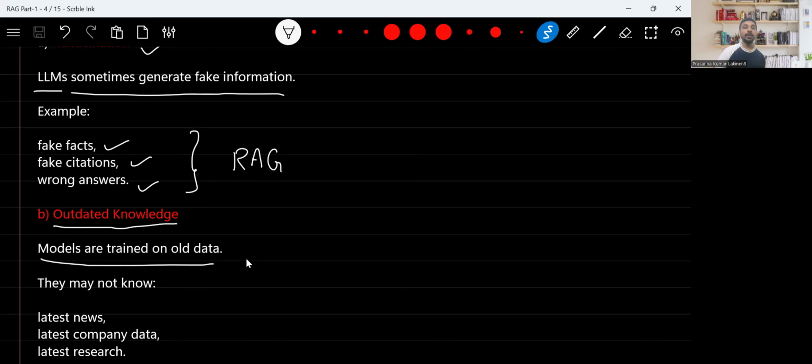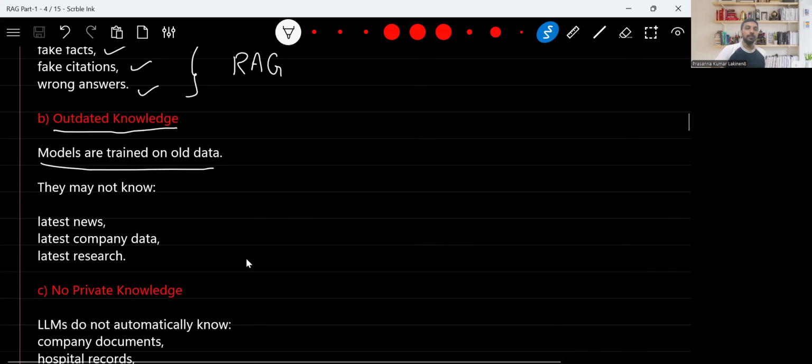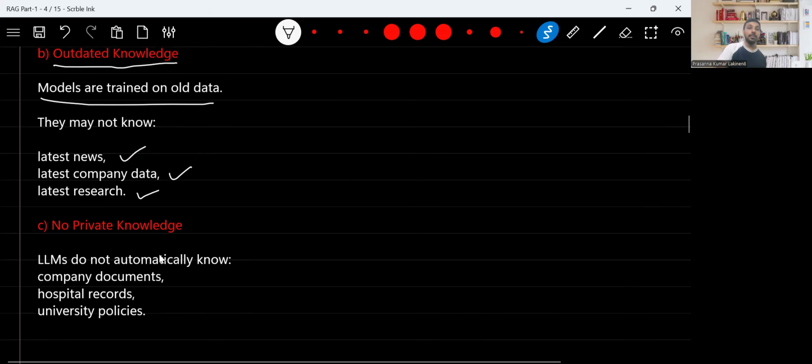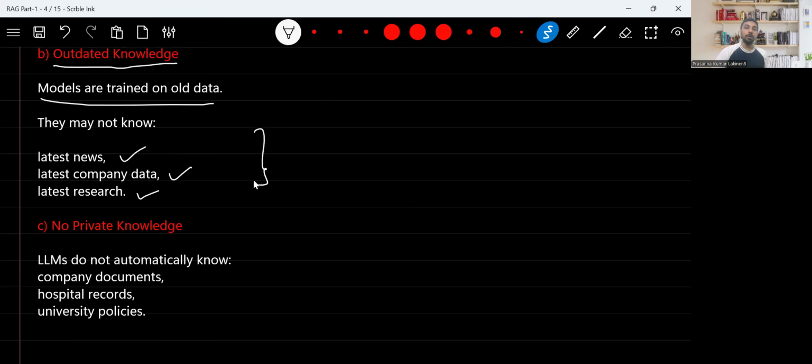So that's why the model has outdated data. It doesn't know the latest news, it doesn't have the latest company data, it doesn't have the latest research. Now this problem can be overcome by using the RAG systems.